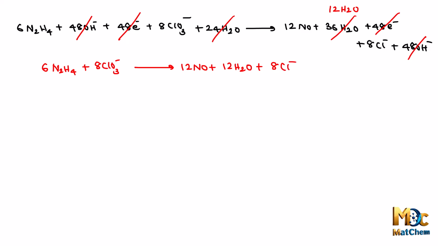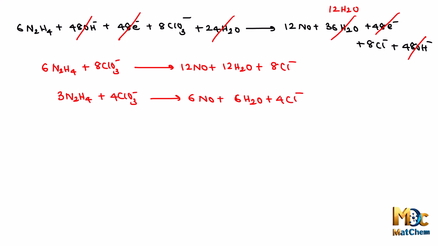Everything is a multiple of 2. Divided by 2, you will get 3 N2H4 plus 4 ClO3 minus giving 6 NO plus 6 H2O plus 4 Cl minus.